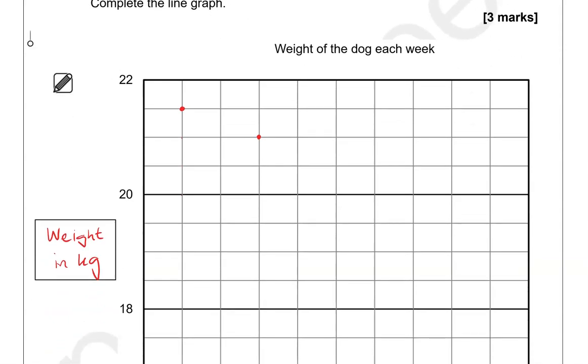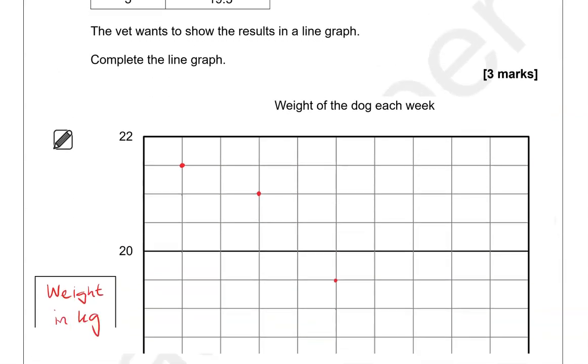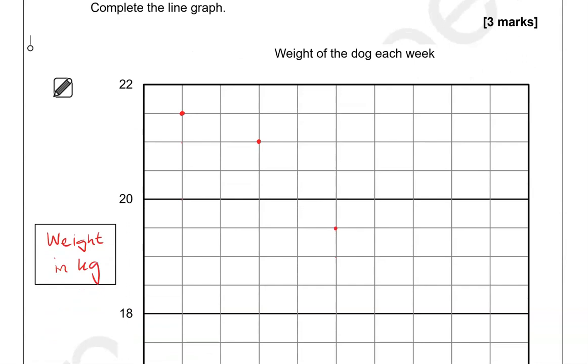So that's going to be between 18 and 20. So this is 19, and 19.5 will be here. Week 4, 20.5. So there is between 20 and 21, so 20.5 will be here.